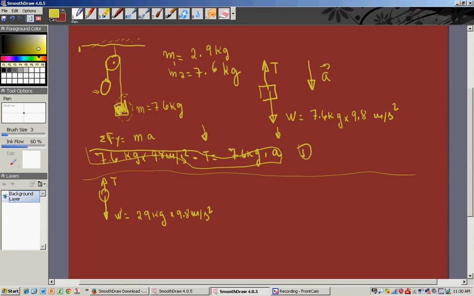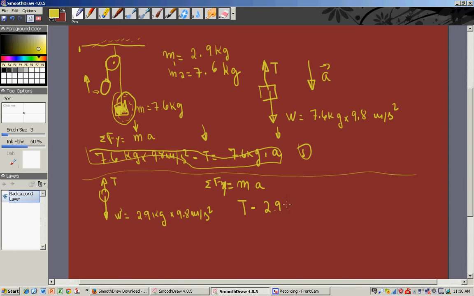So in this case, because this mass here is driving the system down, which means it's pulling this guy up, I will do my Newton's second law of motion so that the tension carries a positive sign.